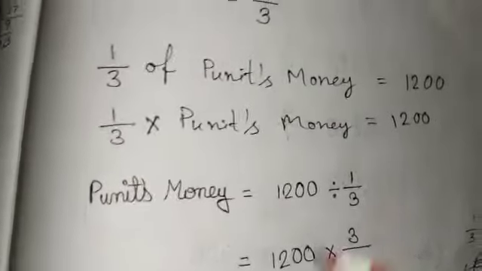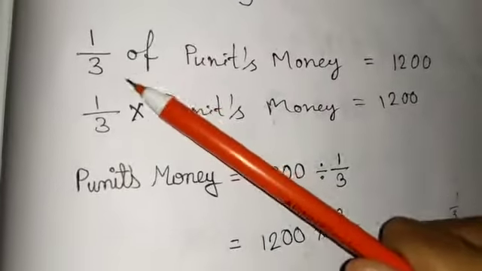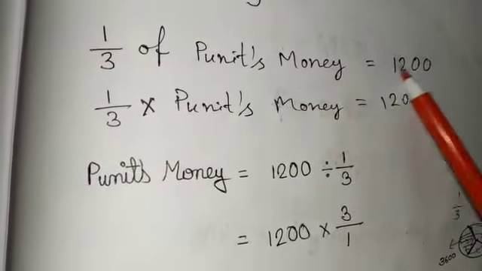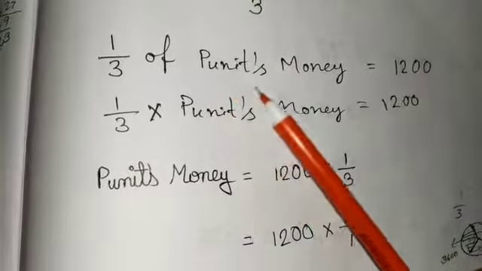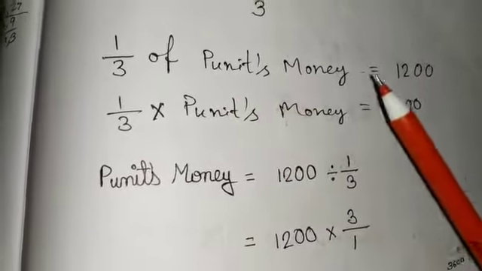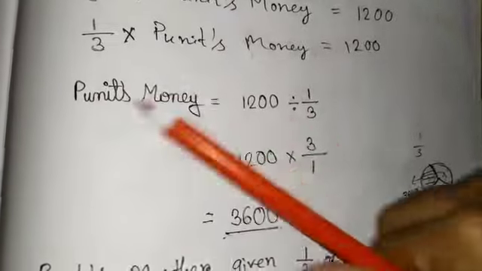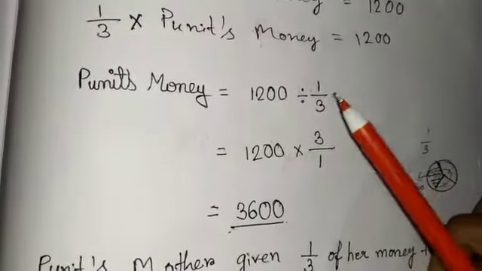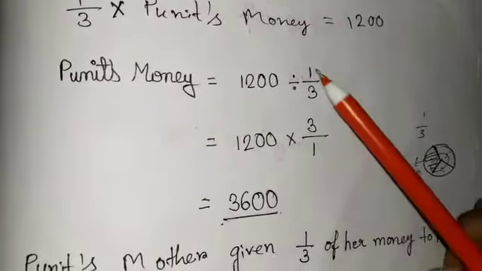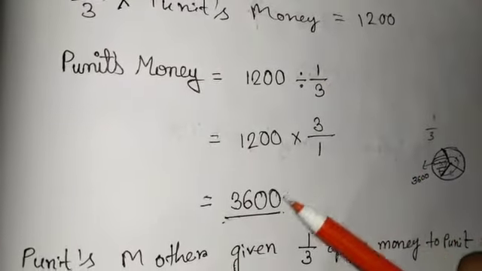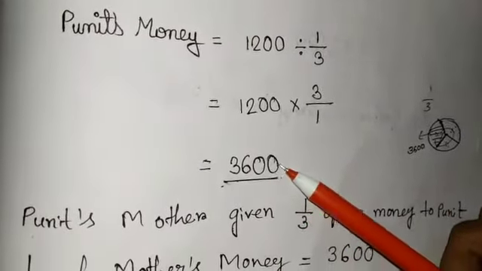So just understand it very well. 1/3 of Punit's money will be 1200, that is given. So we have to find out the amount of Punit's money. If we transfer 1/3 to this side, it will be division, and division will be multiplication. 1/3 will be 3/1, so it will be 3600.